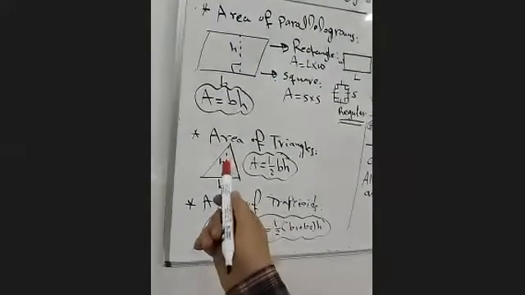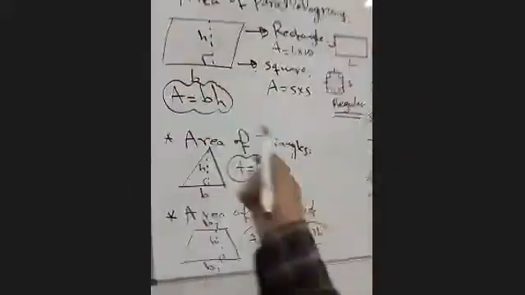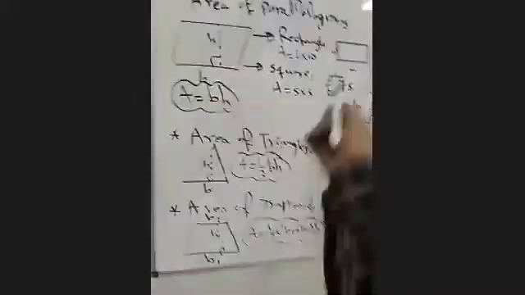The book said again, you can decompose the figure into triangles, parallelograms, or what? Trapezoids. Now what we'll do, guys, we will decompose these polygons into either triangles or parallelograms or trapezoids. Okay, why? Because we know the formulas for them.